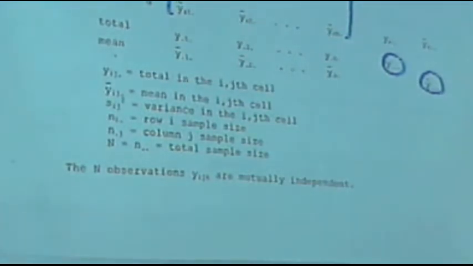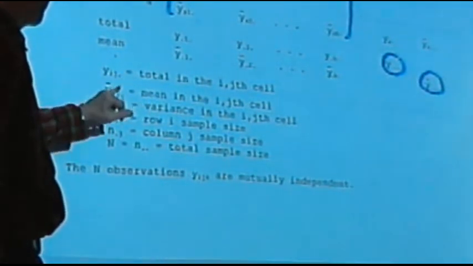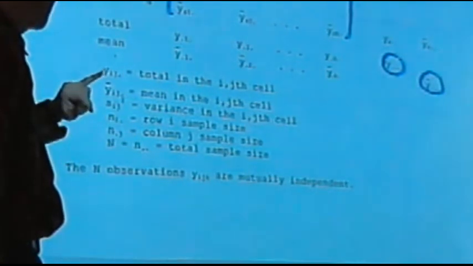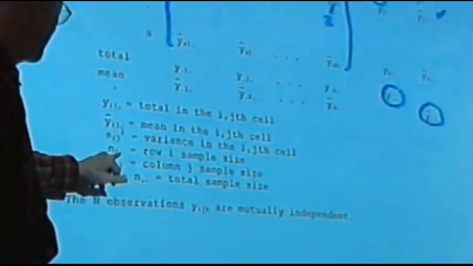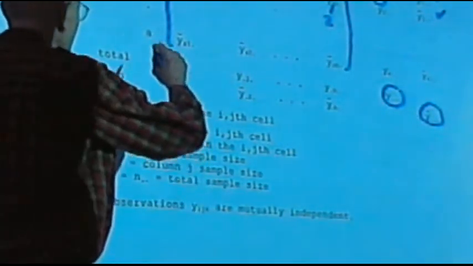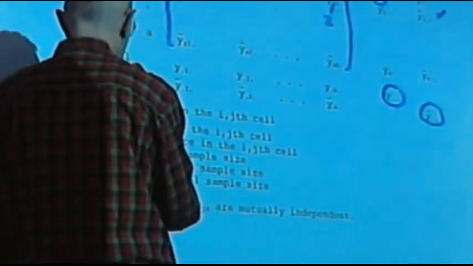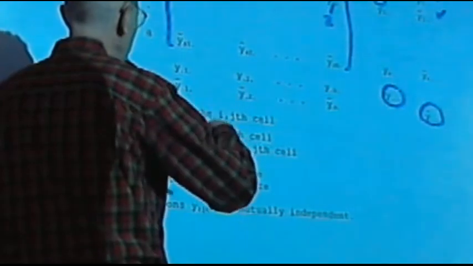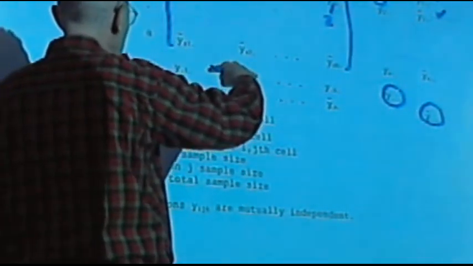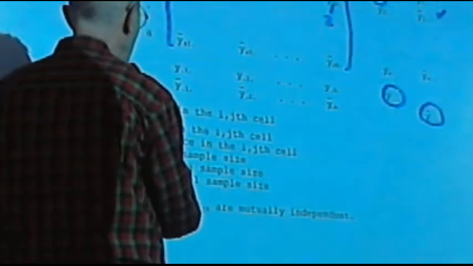So notation similar to what we used before. We have the total in the IJ cell, the mean in the IJ cell, the variance in the IJ cell. Now, N i dot is the row i sample size. So in the ith row, I count how many observations are in that row. And then doing the same thing down the columns, we get N dot j. Adding up how many observations are in the various columns, we get the N dot j's.